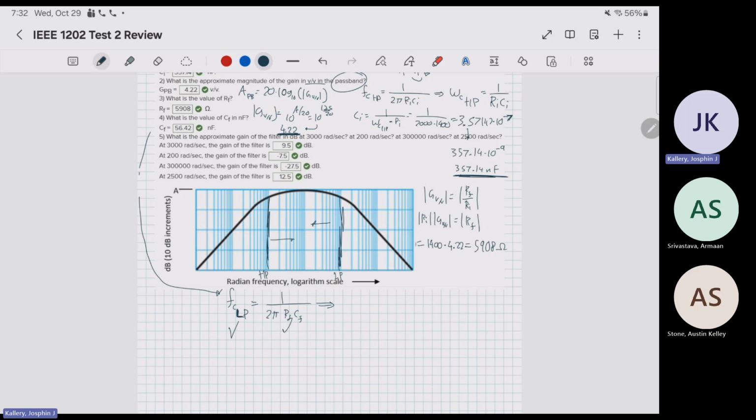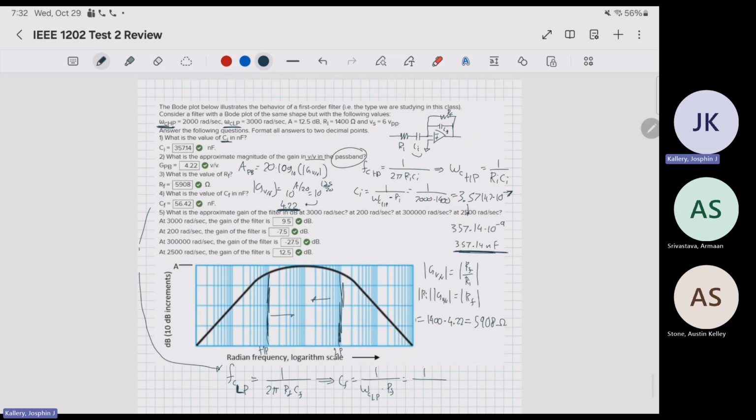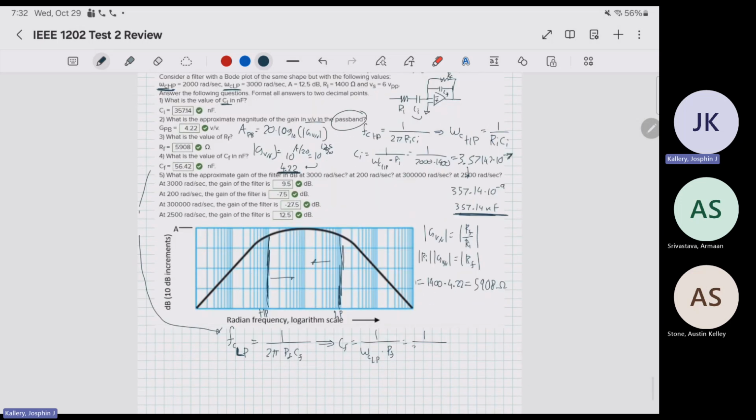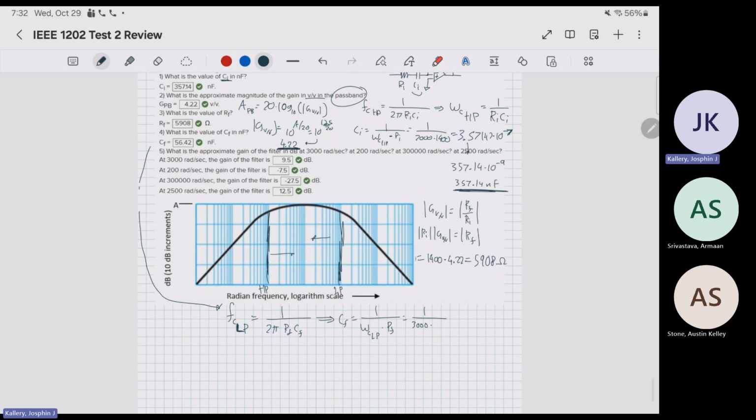Okay, so we have our cutoff frequency at low pass. We have resistance, so we can find capacitance. So CF equals 1 over omega C low pass times RF. That's 3,000 times 5908, the resistance we just found.